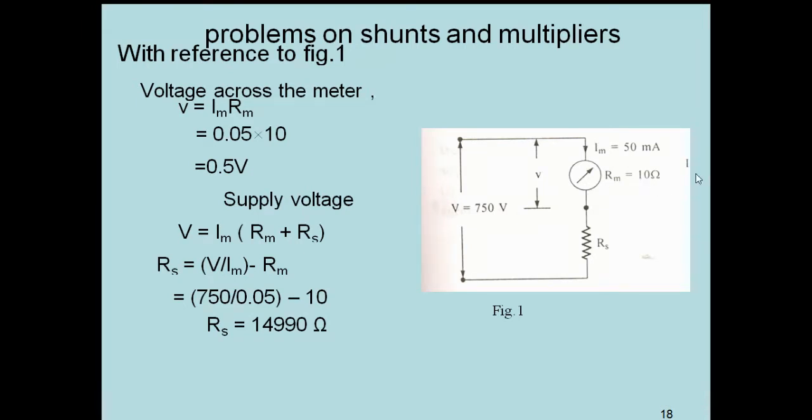Always, the series resistance value is more than the meter resistance. What is RSE? 14,990 ohms.